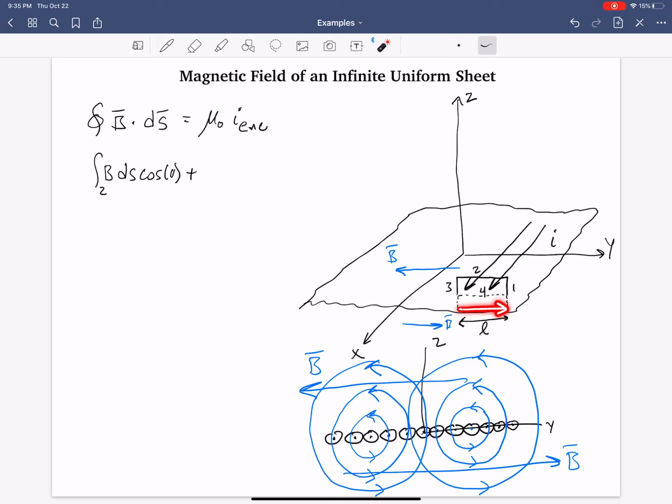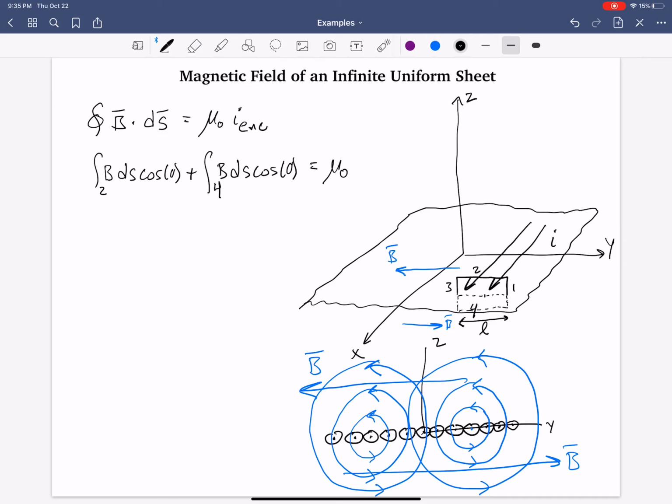The ds vector points in the plus y direction, parallel to B because it's below now. Since we are below, the magnetic field is parallel with that ds along the bottom. Segment 3 is also 0. And that, of course, equals mu naught I enclosed.